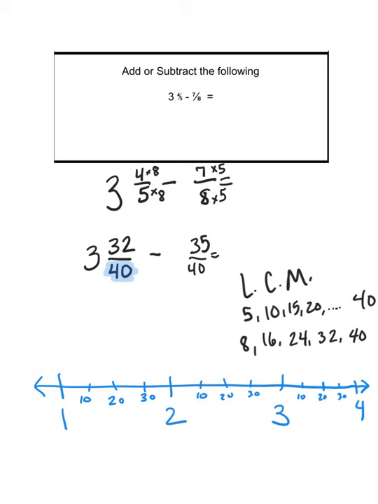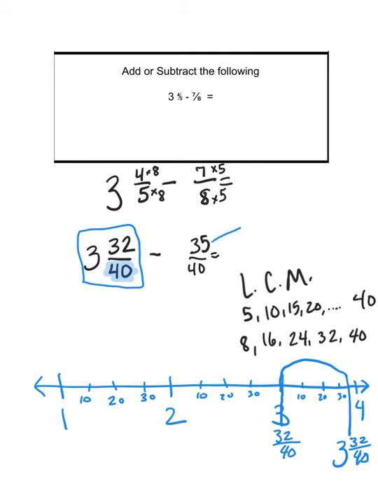Now, if I want to mark where 3 and 32 out of 40 is on my number line, I'm going to be right about here. 3 and 32 out of 40. If I hop backwards 32 out of 40 pieces, I'm going to land right at 3.